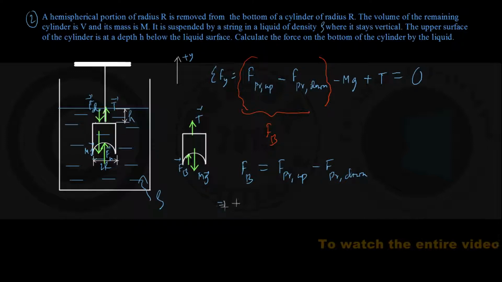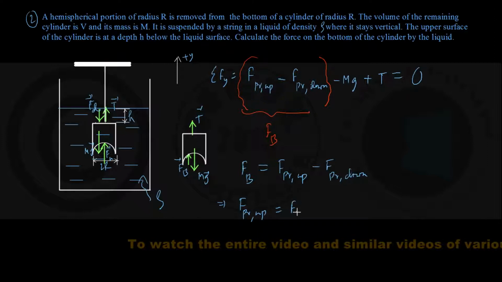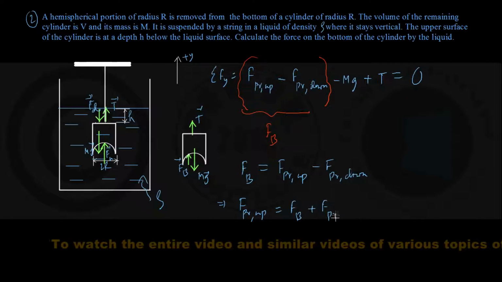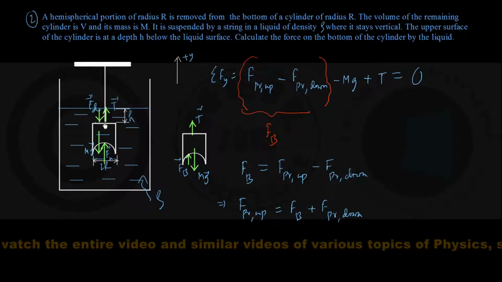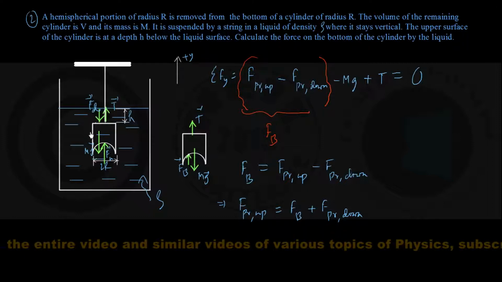And therefore, we are supposed to find out the force of pressure acting upwards at the bottom of the cylinder, right? So this is coming out to be the force of buoyancy plus the force of pressure acting downwards at the top surface of the cylinder, this one, Fd.